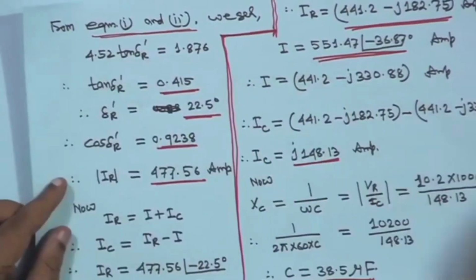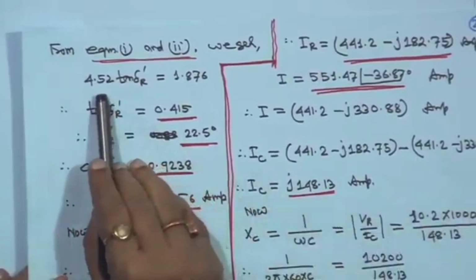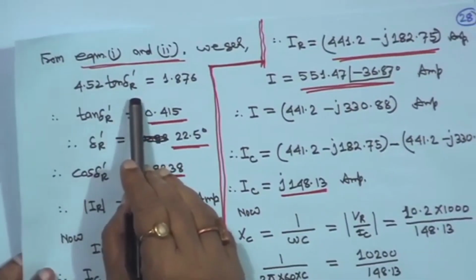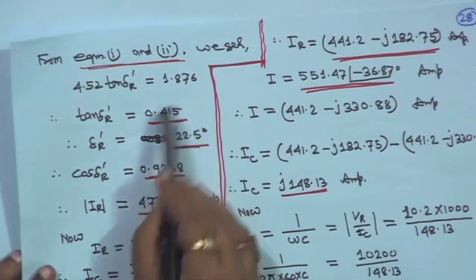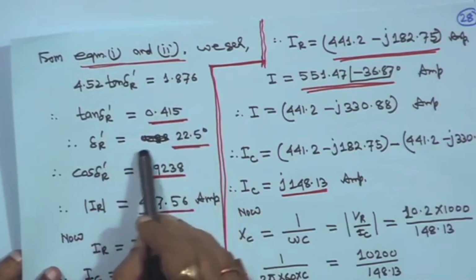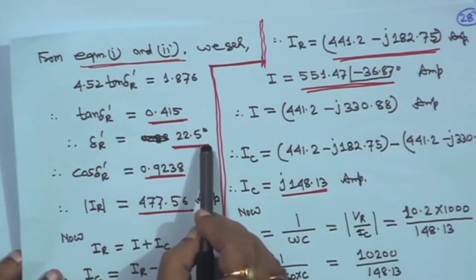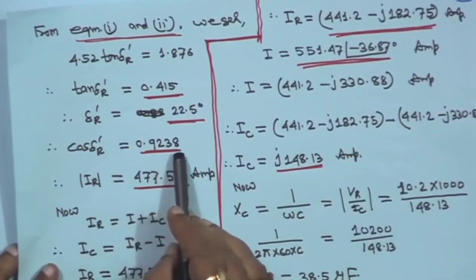After substituting and a little simplification, what you will get is 4.52, then tan delta R dash is equal to 1.876, that means tan delta R dash is equal to 0.415, hence delta R dash is actually 22.5 degrees, so cosine delta R dash is equal to 0.9238. This is the improved power factor.